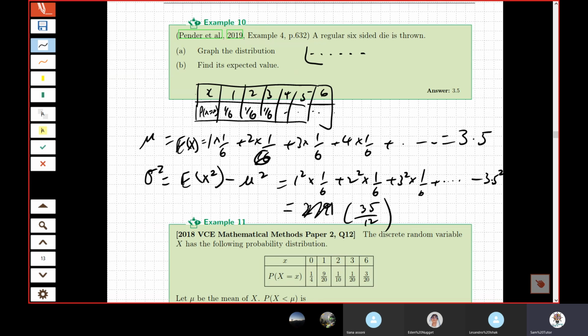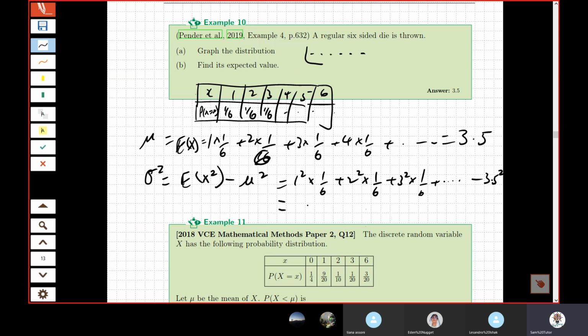Ugh. 1 over 6 plus 4 over 6 plus 9 over 6 plus 3 squared, 4 squared, 5 squared, 6 squared, minus 3.5 squared. Now it gives me negative 3. Oh my god. Right, let's start again. Has anyone worked it out?